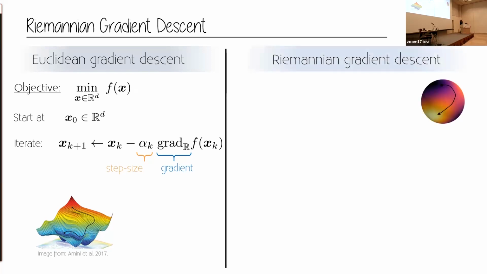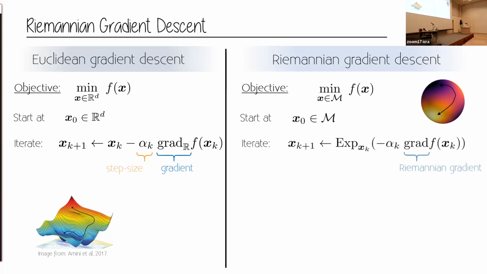In the Riemannian case, we're optimizing an objective function, and here the input of this function belongs to a Riemannian manifold. Again, you start at a point on the manifold, this is important, and then we have this iterative process, where your next iterate is given by the exponential map at x, where you are, in the direction of the gradient scaled by a given step size.